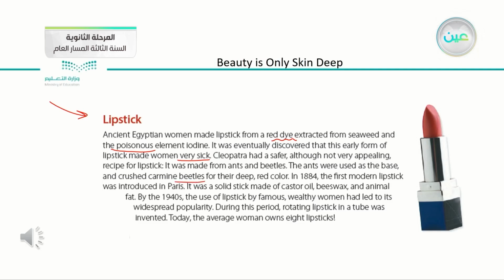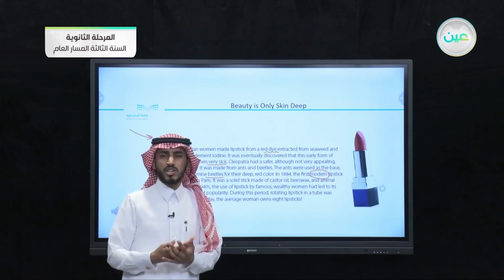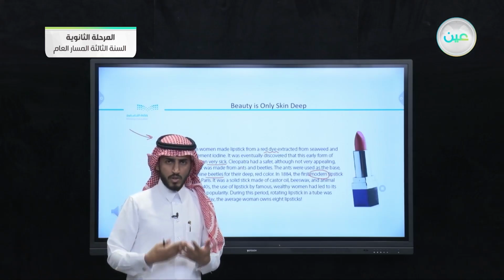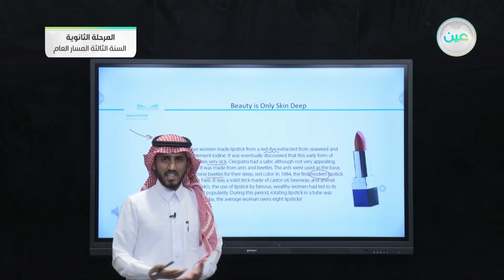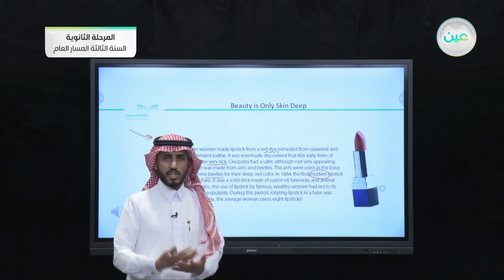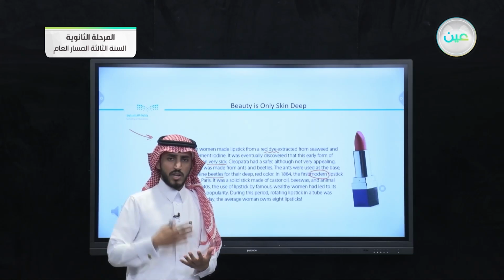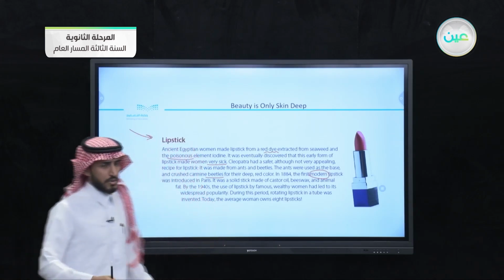Beetles are some kind of insects. Then after that, we have the word modern. This is the last word in this text we're going to talk about. The word modern means something novel, something happening these days, something new. So when we say modern, it means something new.